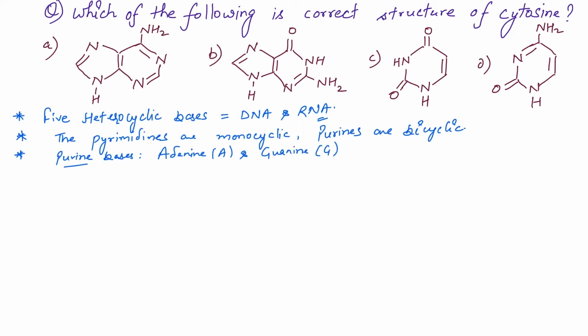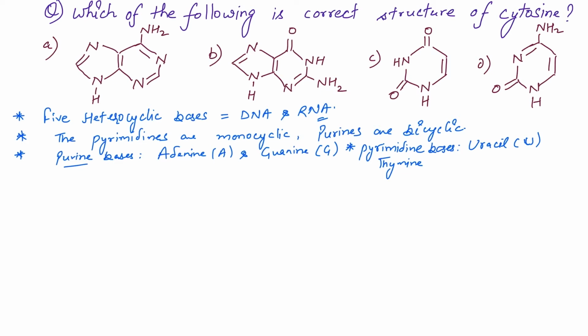So here in DNA and RNA we have purine bases adenine and guanine, and pyrimidine bases uracil, that is represented as U. Adenine and guanine, they were represented by A and G respectively.